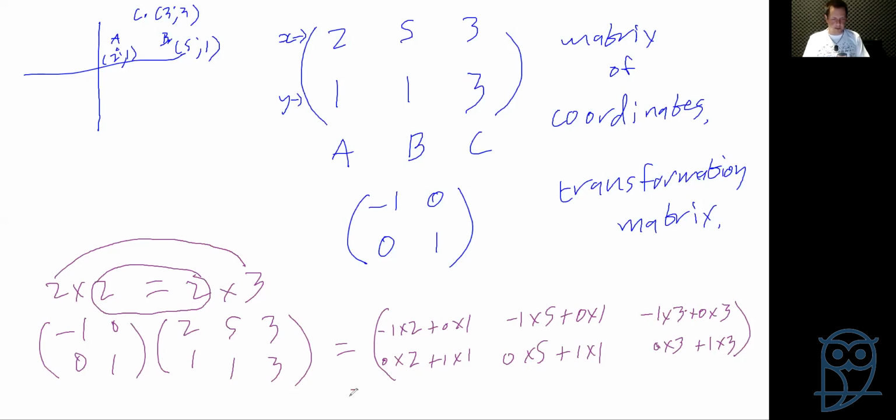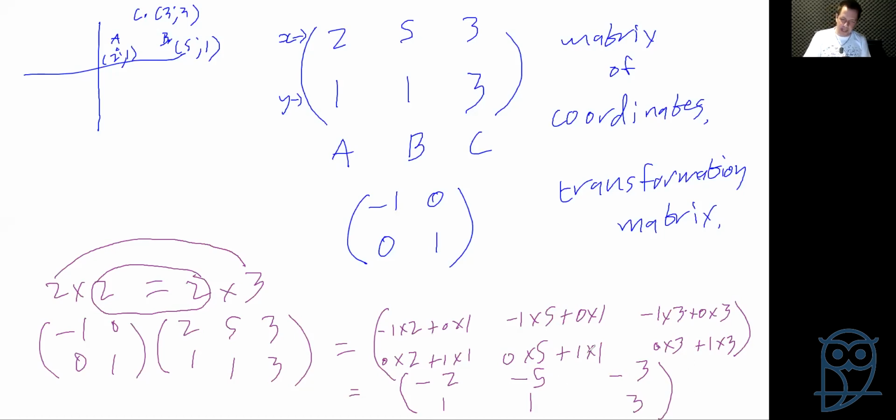Hopefully no one is struggling with that matrix multiplication because we've done that a couple times now. And then we can simplify this. So that's 0, that becomes -2. That is 0, that becomes 1. Over here we have -5. Over here we have 1. Over here we have -3. And over here we have 3.